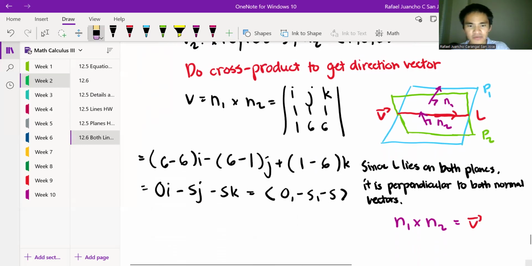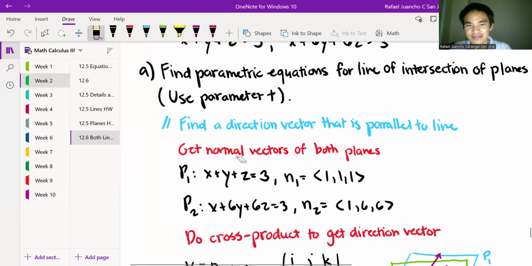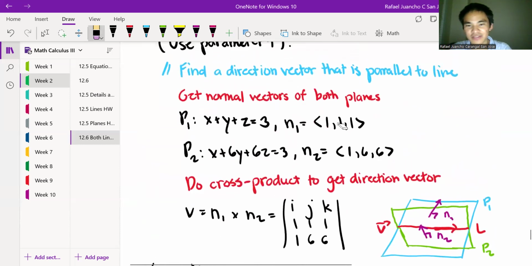And now the next thing we want to do is find some point on the line. So we can actually just let Z be 0 and then just be good to go, right? Yeah, I mean, we got this part. We got this part. 111, 166.